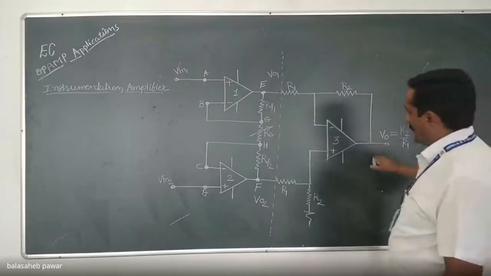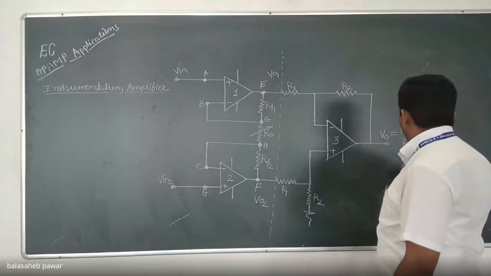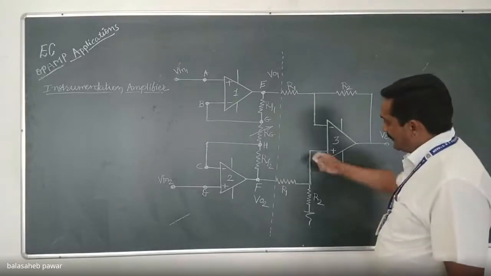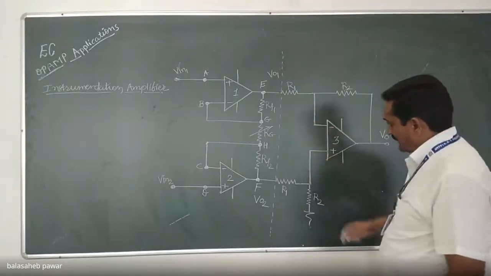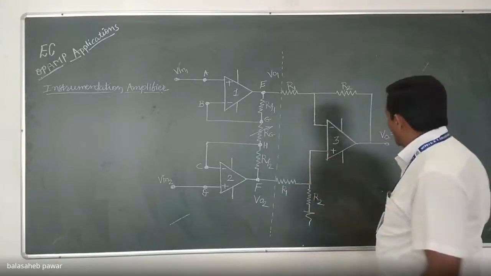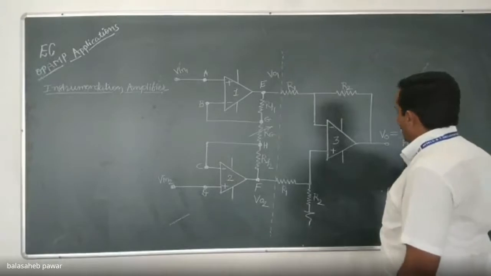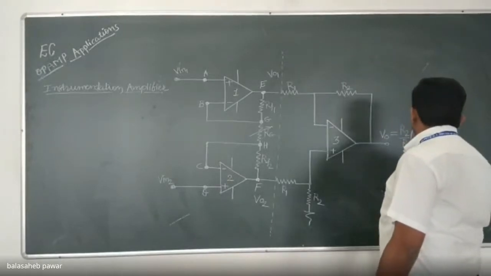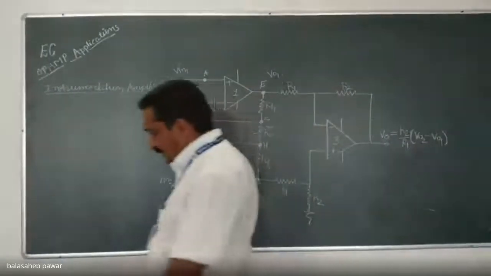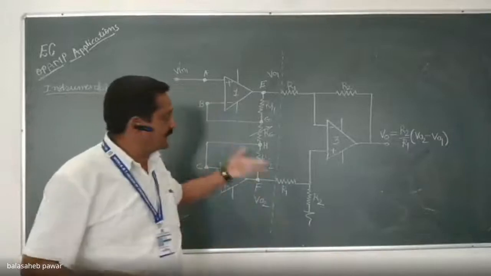And the input resistor, again it is the same for both input terminals, and that is R1. So R2 by R1 in bracket, the difference between the input terminals. So the non-inverting terminal, as it is powered by VO2, we have to write VO2 minus VO1.